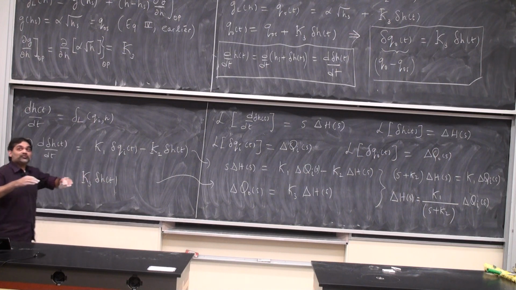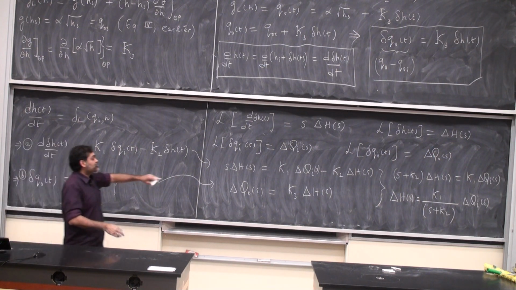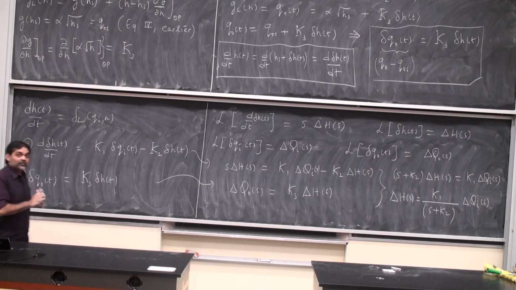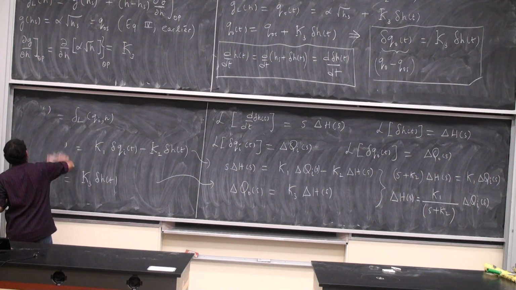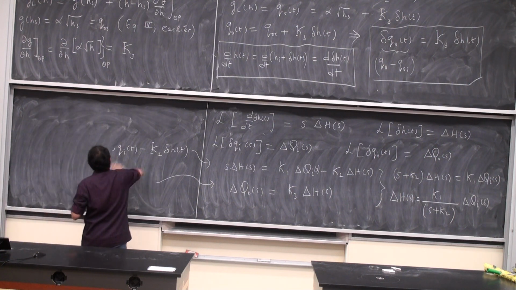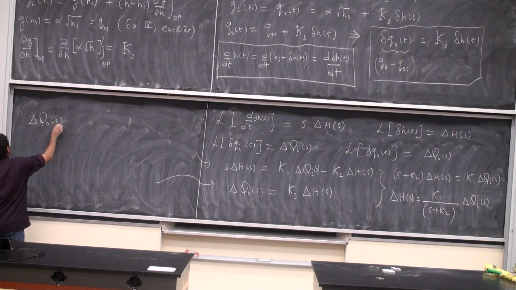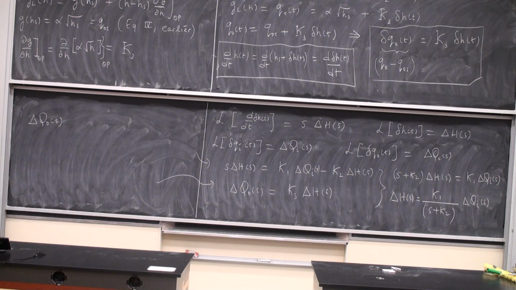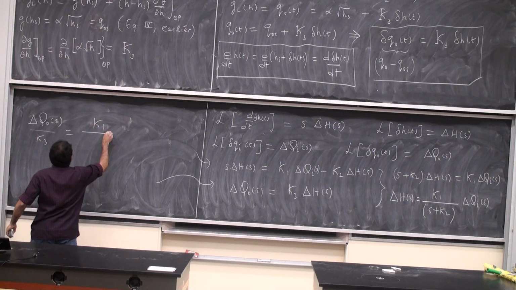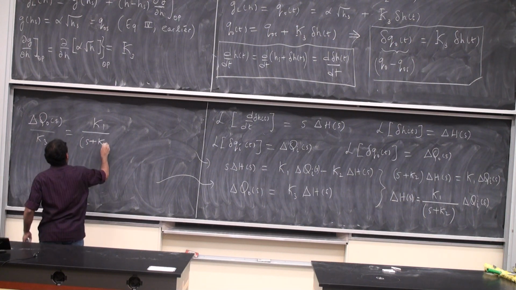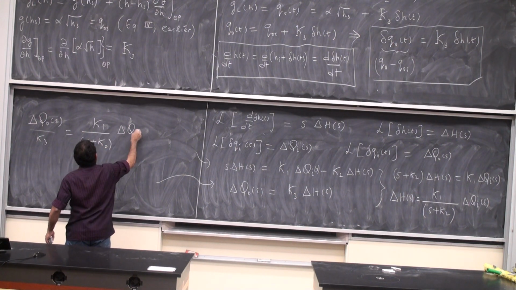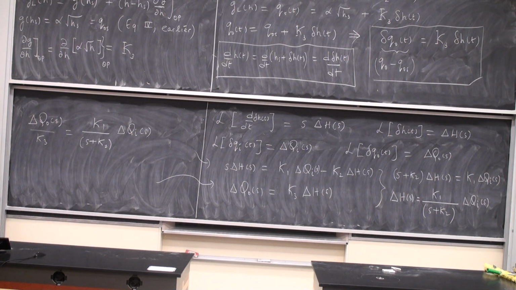Obviously now you do the substitution. Instead of delta H of S, I'm going to substitute this constant and delta Q naught and so on. So if I do that, I have something very nice coming out. Delta Q naught, substitute in terms of delta H, so that's divided by K3, is the transfer function.